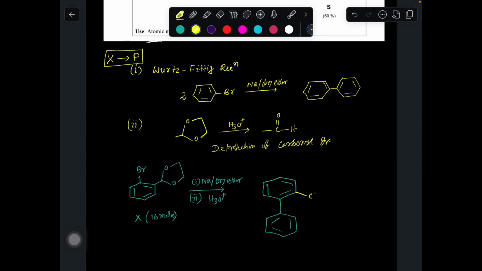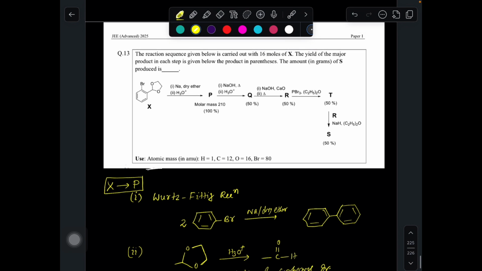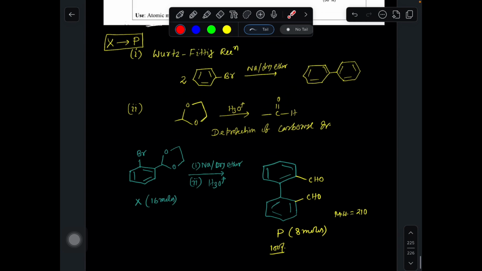So here it is CHO, here also it is CHO, and because 2 moles of X is used, P is 8 moles. 2 moles reacted, 16 moles converted to P, with 100% yield, so you will get 8 moles of P. The molecular weight, which you can check, is given as 210. So P is done.